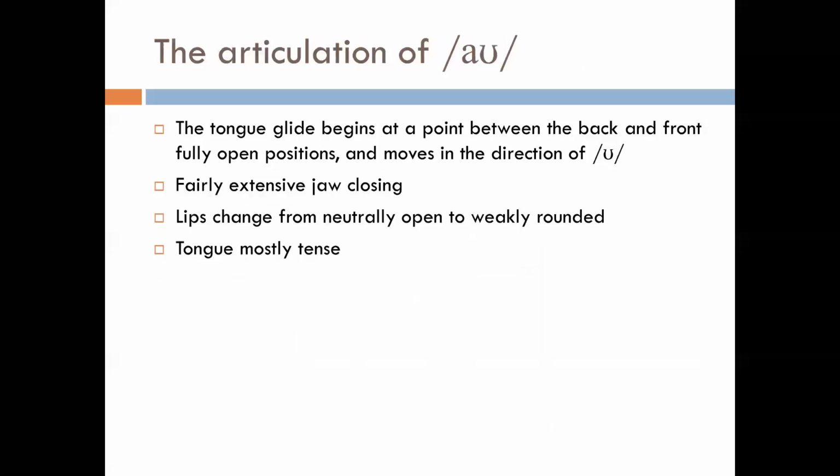All right, this one is ow, as in cow. This one is moving from that low front position to that high back position. So we can call the whole thing a back low closing diphthong.